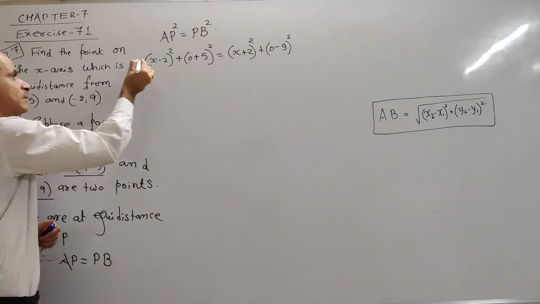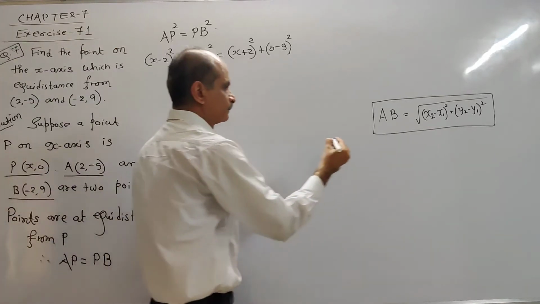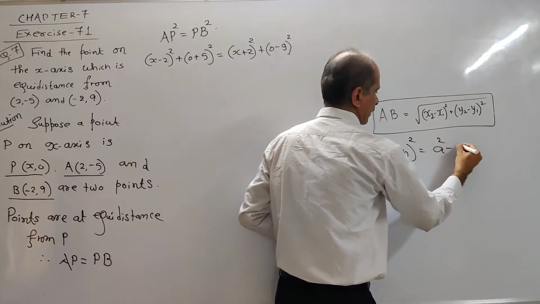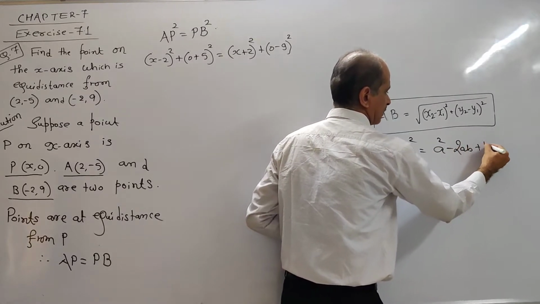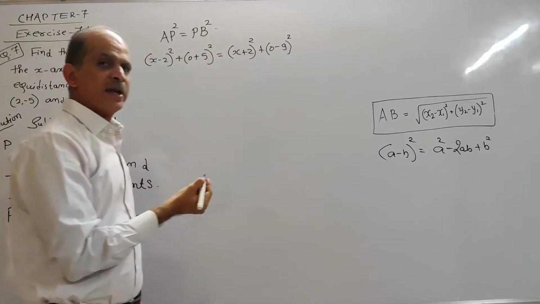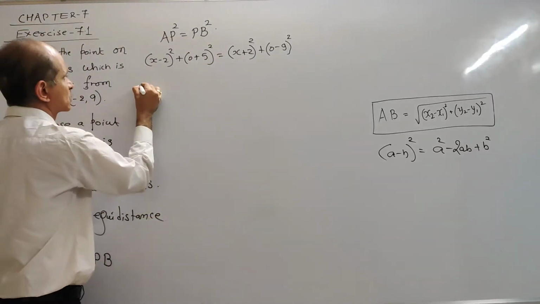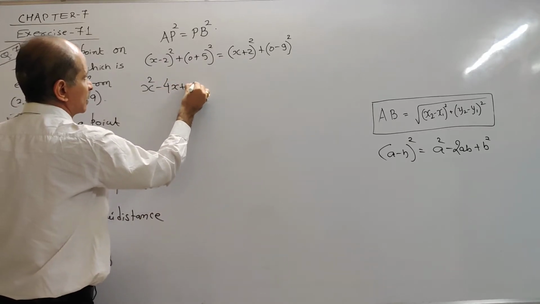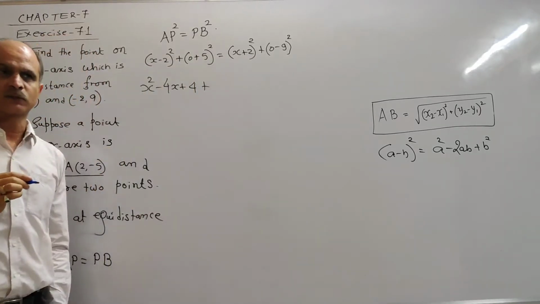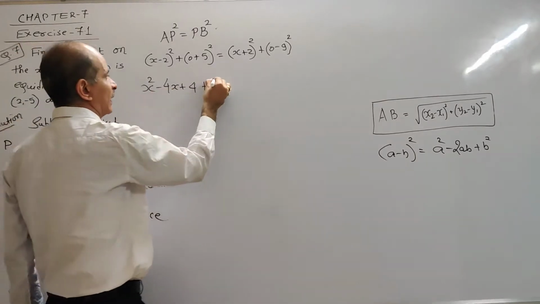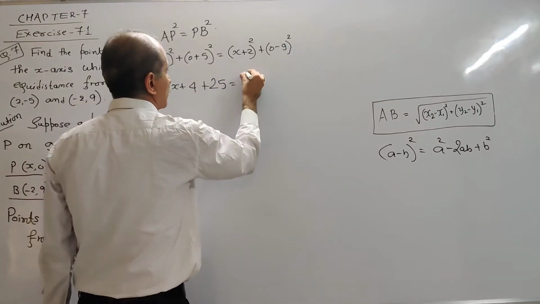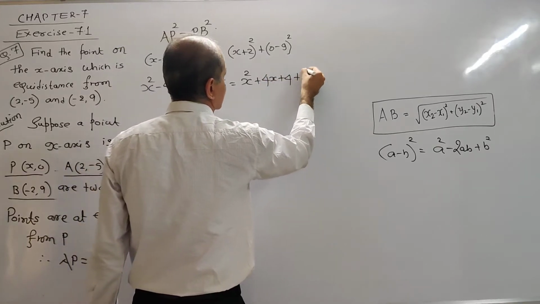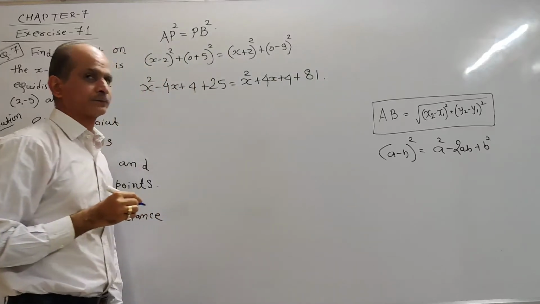Well, you know one formula: (a minus b) square is equal to a square minus 2ab plus b square. On the basis of this formula, (x minus 2) square means x square minus 4x plus 4, plus 5 square, that is 25, is equal to x square plus 4x plus 4 plus 9 square, that is 81.